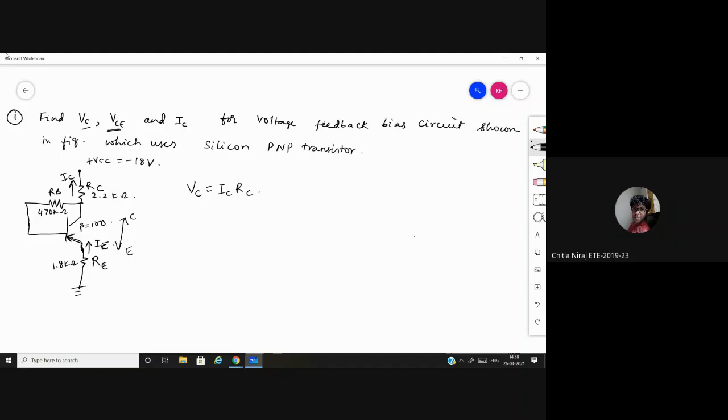So you have to use IC plus IB. Yes, let it be IC plus IB, okay, fine. But still, can you use this formula? No, sir. Why? There's a voltage drop across RB that will also be counted.